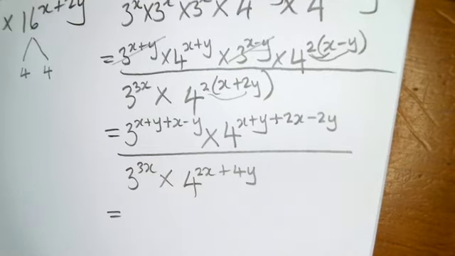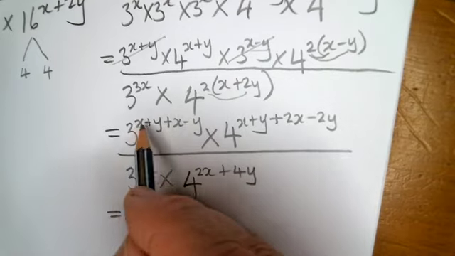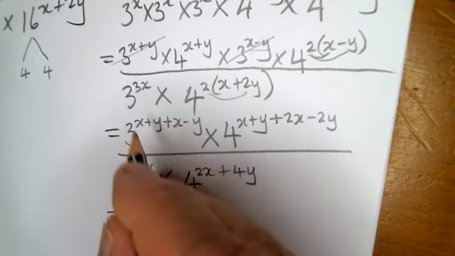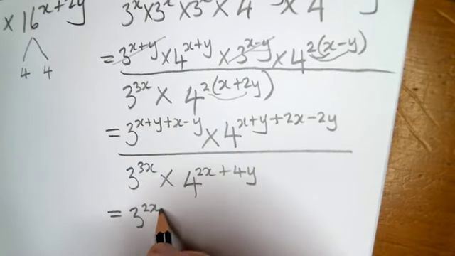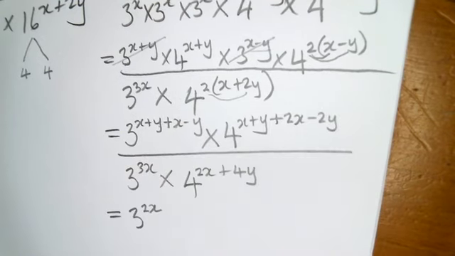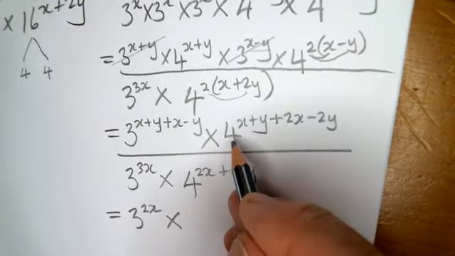Okay, now let's combine all this lot and make it all simple. So we've got an x and an x, so it's going to be 3 to the 2x, and y minus y is 0. The next bit is times 4.